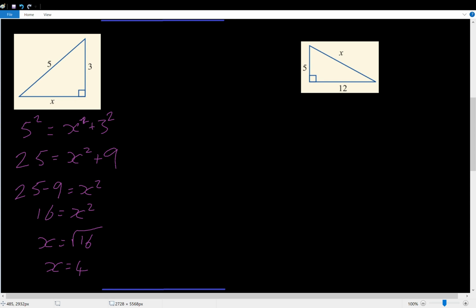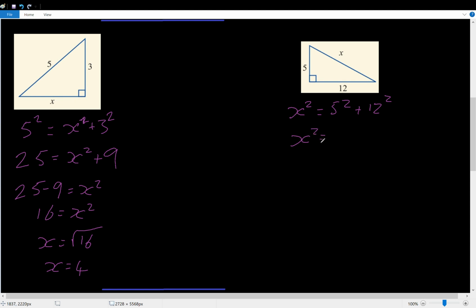Let's take a look at the triangle on the right now. This time the missing side is the hypotenuse. So this is actually a little bit easier this time. So we're going to have x squared, because we start with our hypotenuse, and that's going to be equal to 5 squared plus 12 squared.